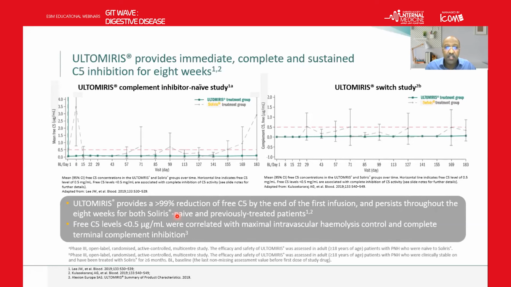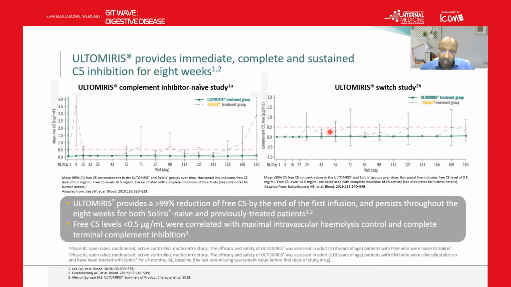This slide shows that Ultomiris is as efficacious as Soliris, and they are both quite efficacious in C5 inhibition, as shown here from the baseline. And the next graph shows Ultomiris is as efficacious in controlling the hemolysis. It is non-inferior to Soliris.